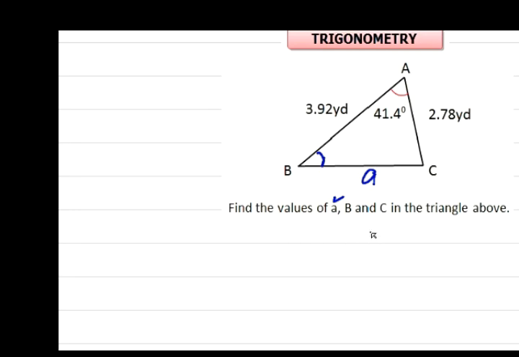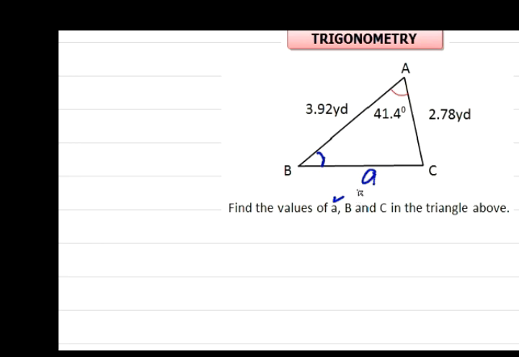I want us to use sine formula to get B now, because the way this question appeared, you wouldn't have been able to get the value for A without using cosine formula. Understand? But now that we have this side, we can use our sine formula.